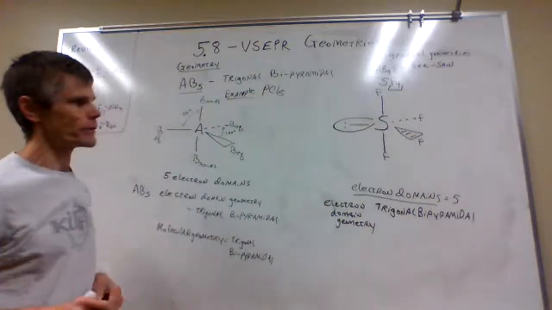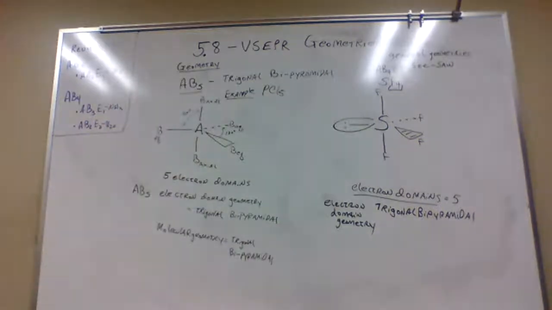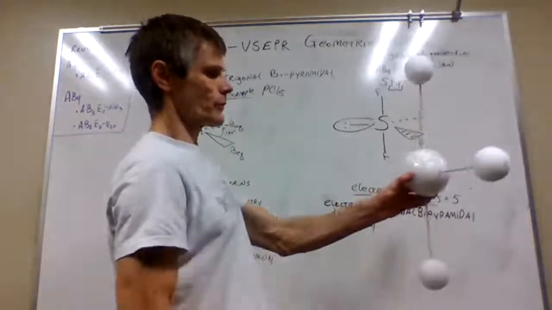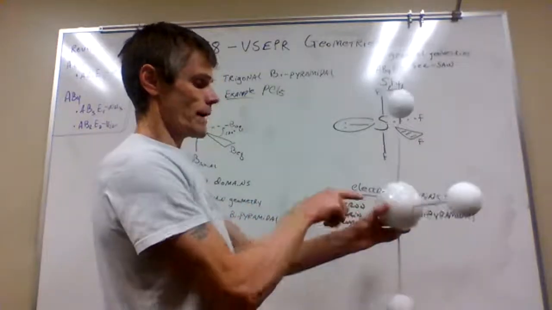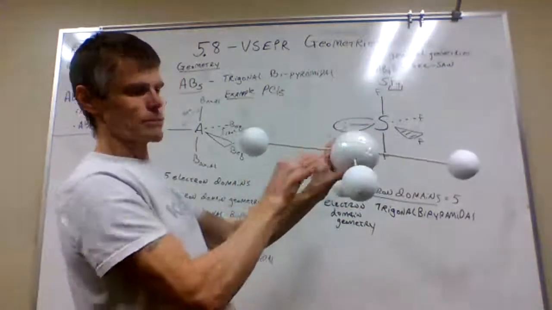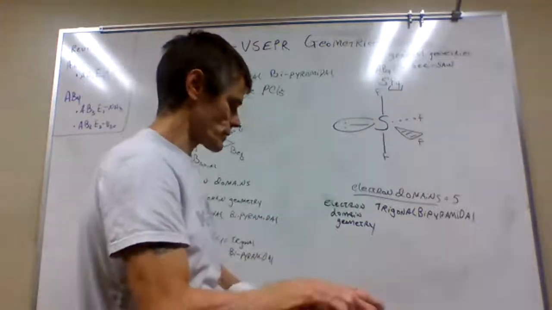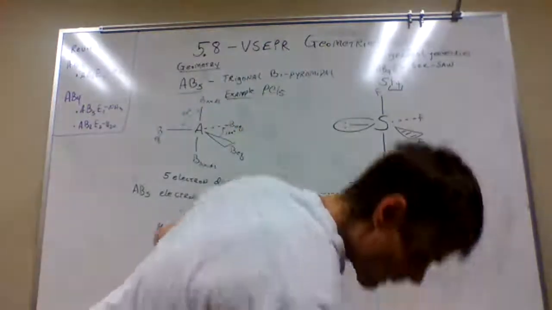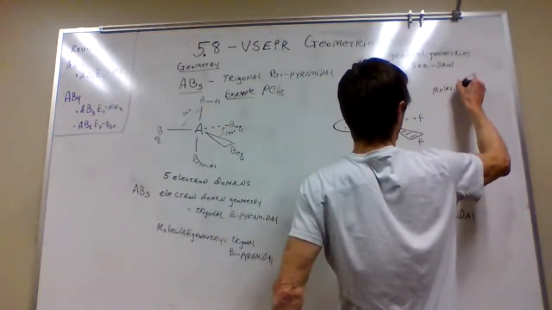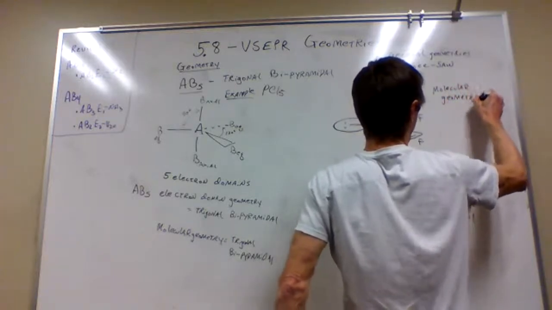There's our lone pair of electrons. If we look at sulfur tetrafluoride, this is the situation that we have. We have a lone pair of electrons here, and if we put it in that direction, you could see, hopefully, the seesaw geometry that's adopted. So the molecular geometry is seesaw.